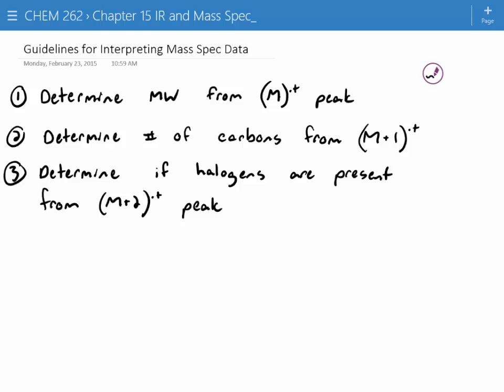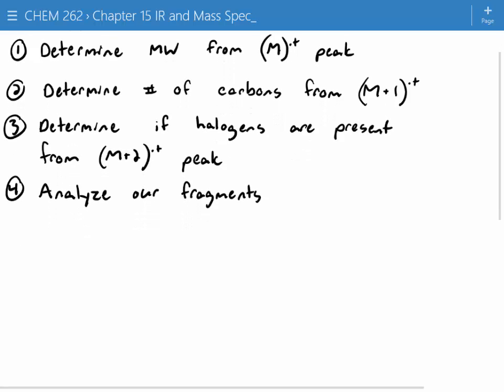Our fourth thing is we want to analyze our fragments. The reason we want to look at these fragments is it can give us clues that maybe there's an alcohol, maybe there's an aldehyde, maybe there's an allyl fragment in there.